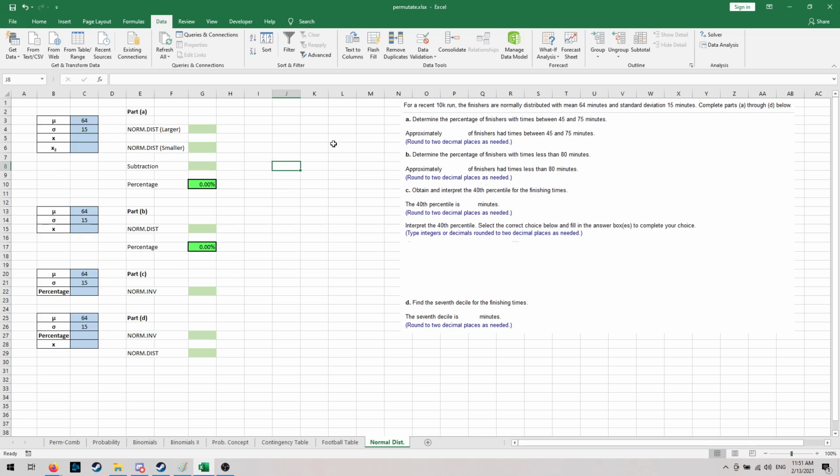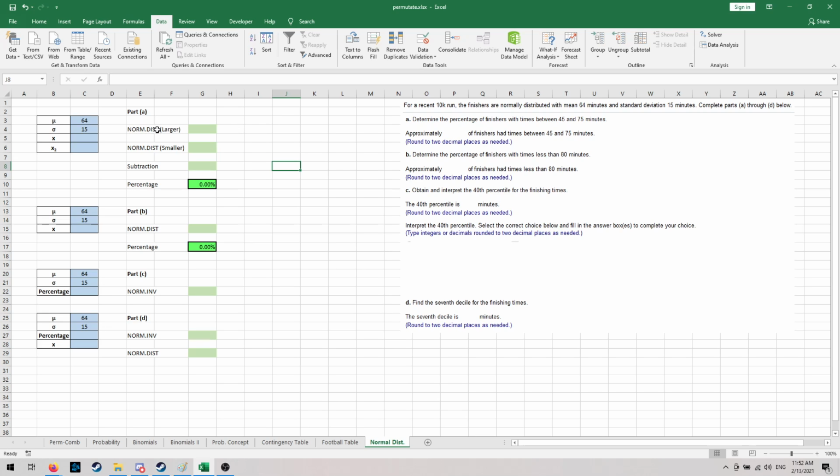Next, we're asked what percentage of finishers, or approximately what percentage of finishers, had times between 45 and 75 minutes? So this is exactly like some of the examples the teacher did in class. We're going to find the distribution, or what percentage of people had that runtime, and we're going to subtract the smaller number from the larger number.